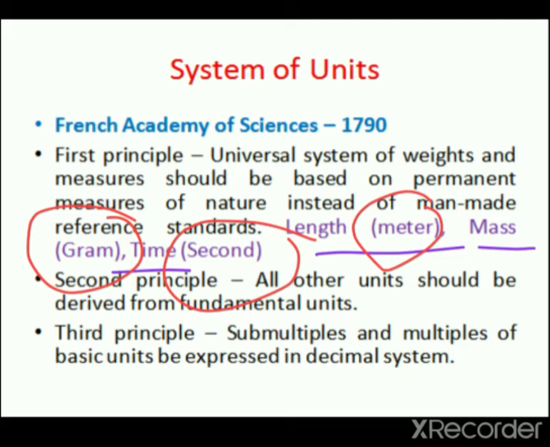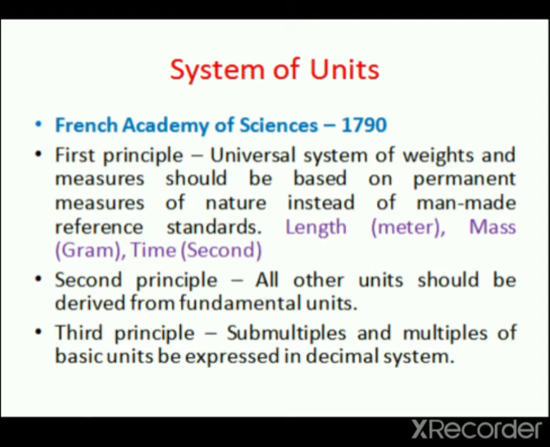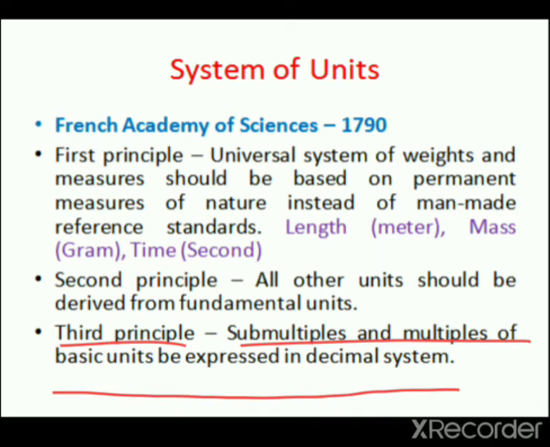The second principle states that all other units should be derived from fundamental units, and fundamental units are length, mass and time. The third and last principle proposes that the submultiples and multiples of basic units can be expressed in decimal system.